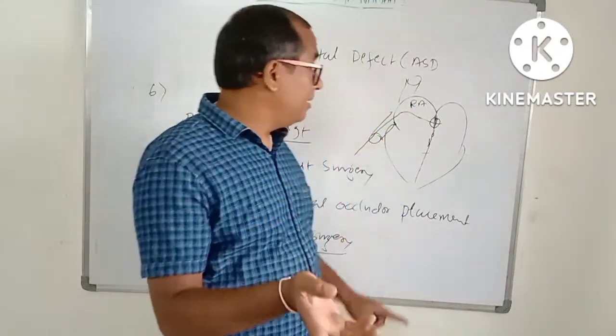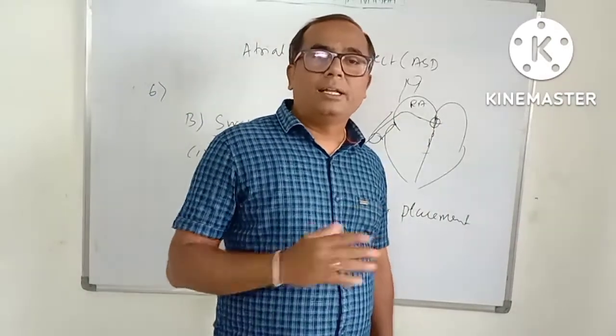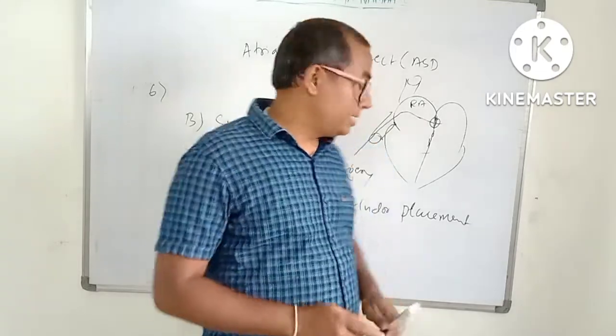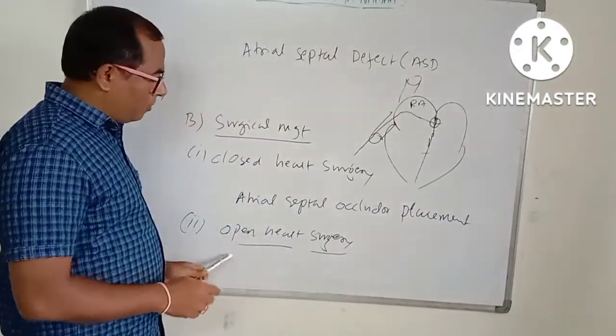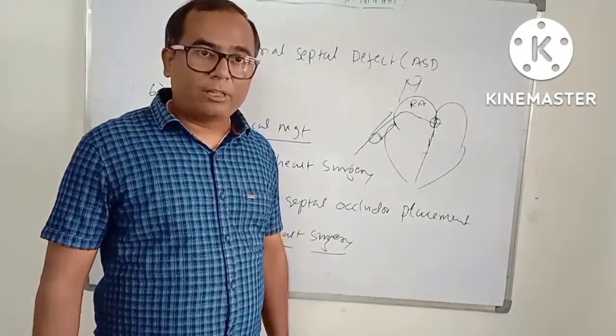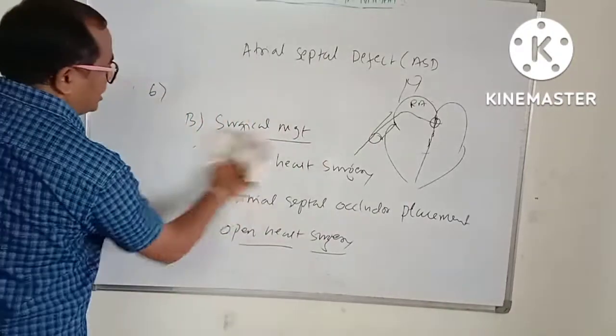The shunting of blood from the left atrium to the right atrium is visualized, and there will be no shunting of blood from the left atrium to the right atrium. So this surgery is known as open heart surgery and direct closure of the defect with a patch. Next one is nursing management.